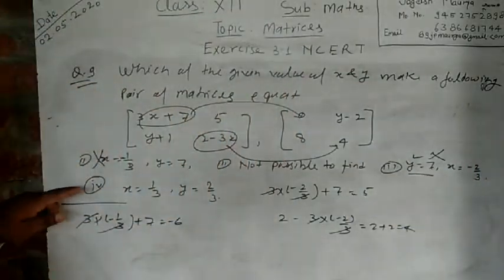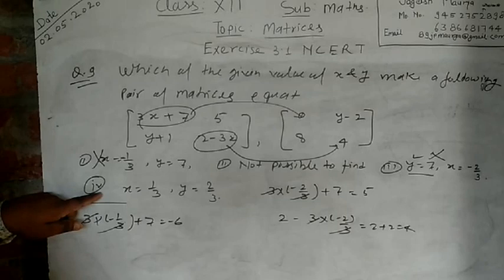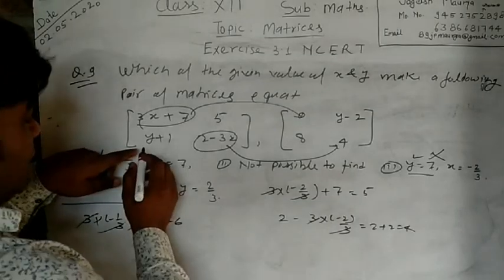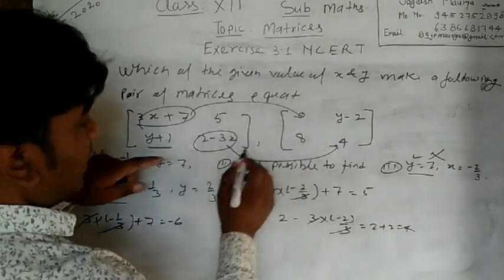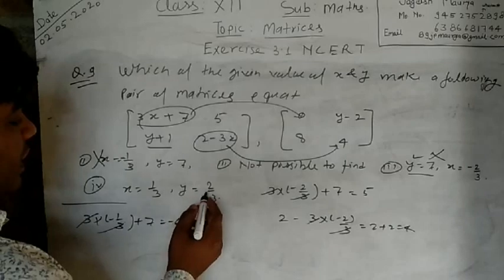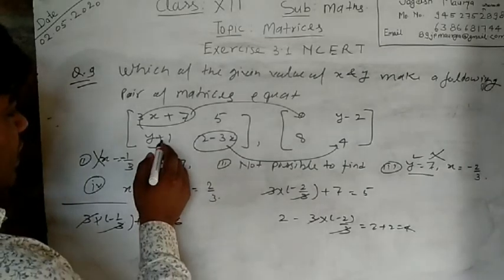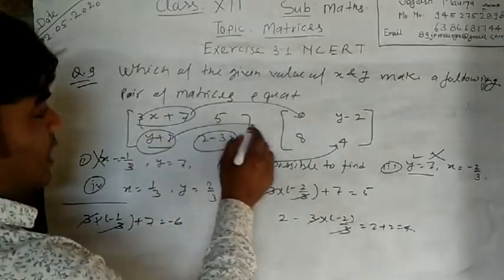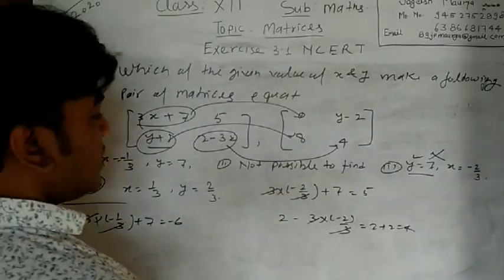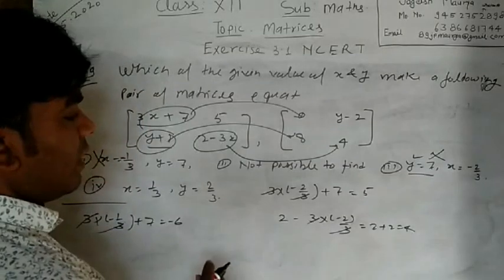Now we check option number 4. Here we get, if we take y plus 1 equal to 8, this gives y equal to 7. If we take 2 by 3, y plus 1 not equal to 8. At last, we cannot find the value of x.